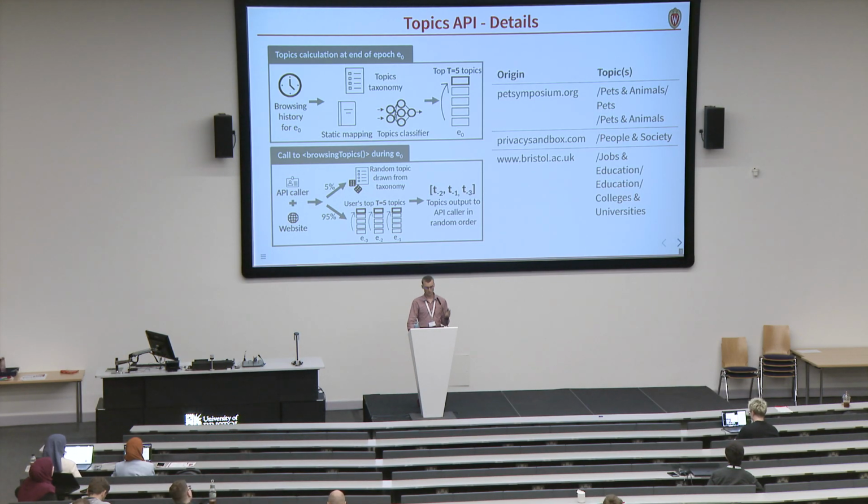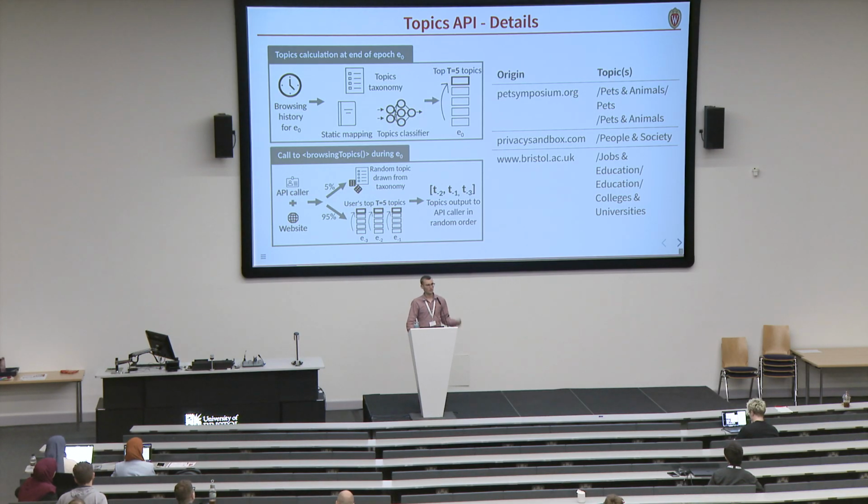This is a list of domains, in the thousands, that has been manually annotated by Google from domain to corresponding topics. If the domain is not present in that list, a topics classifier gets called to run an inference and output the corresponding topics. On the right here, you see a few examples of classification and topics.